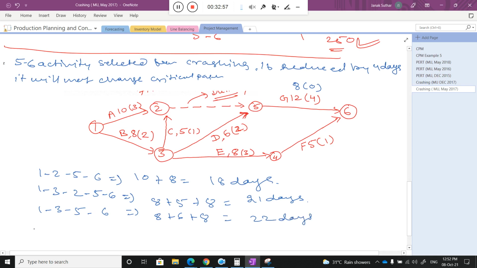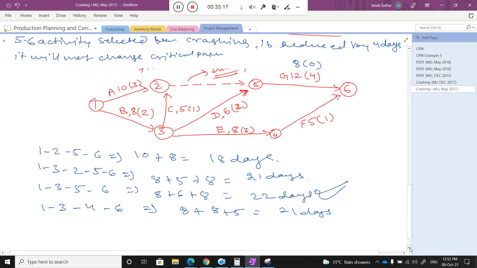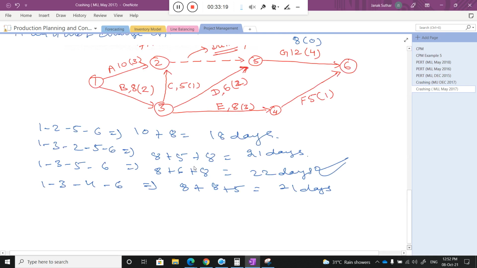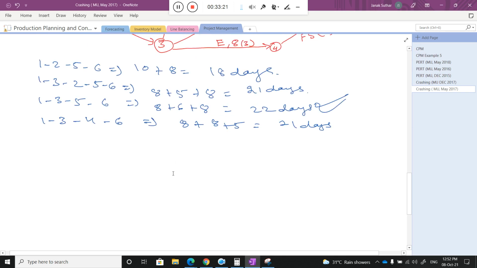Then 1 3 4 6: 8 plus 8 plus 5 is equal to 21 days. This one is the critical path. So what is the project time now, class? 22 days. So the project time is 22 days.